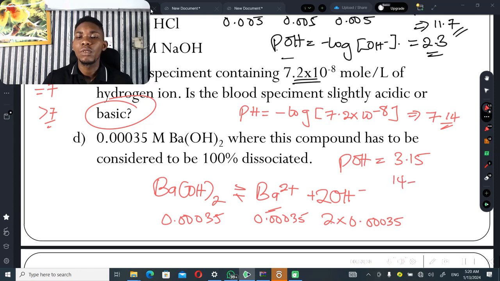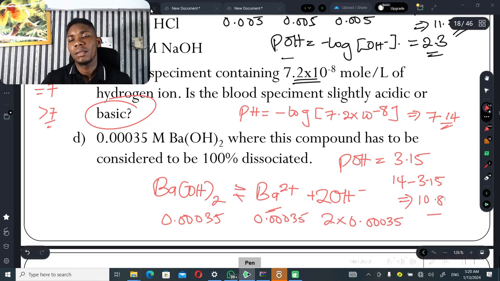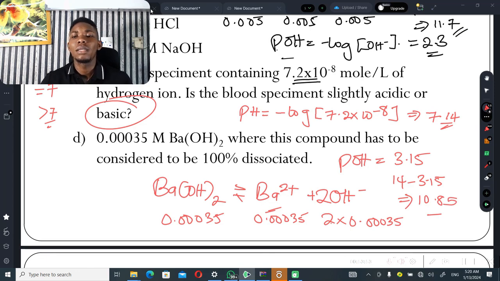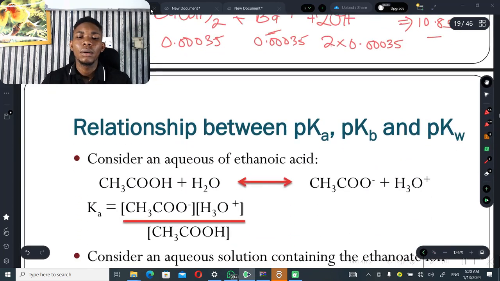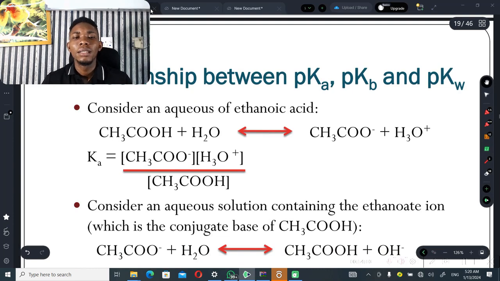To get the pH, 14 minus 3.15 is going to give us 10.85. All right, so that is the correct answer to that question. Is that okay? Good. Now, so that is that.